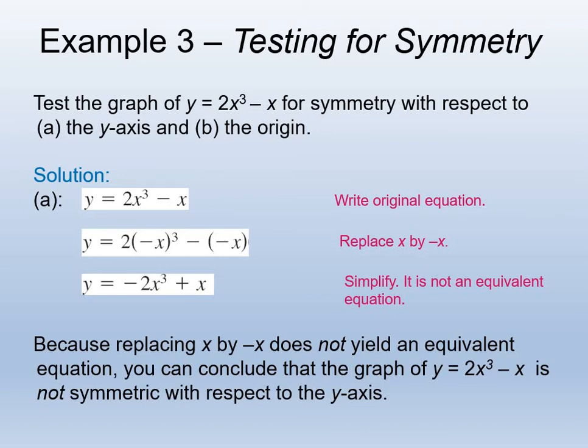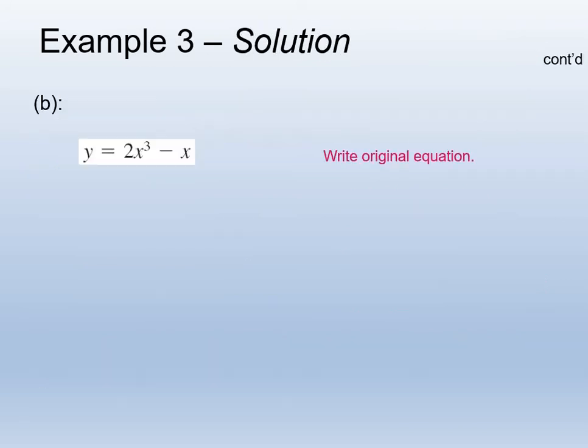So let's check the origin now. Remember the rule for the origin: we have to plug in a negative x and a negative y. So we're going to take this equation here, y equals negative 2x cubed plus x, because we already substituted in the negative x, so we don't need to do that again. I need to substitute in a negative y and see if I get back the original equation of y equals 2x cubed minus x. So we already did the first part by substituting in the negative x.